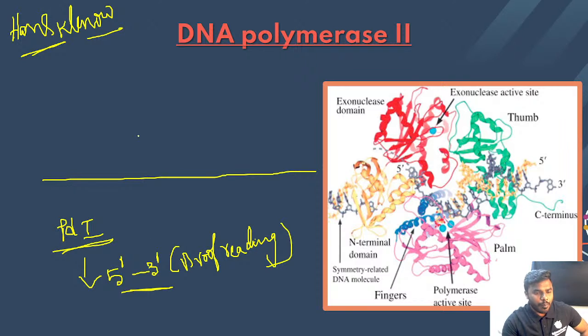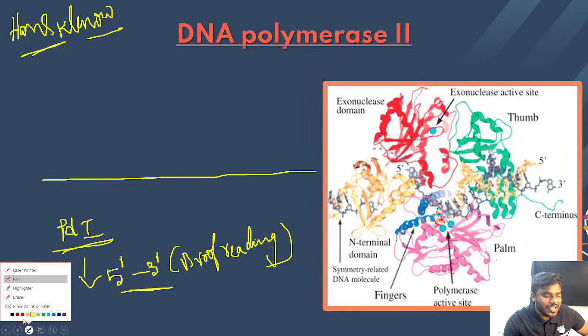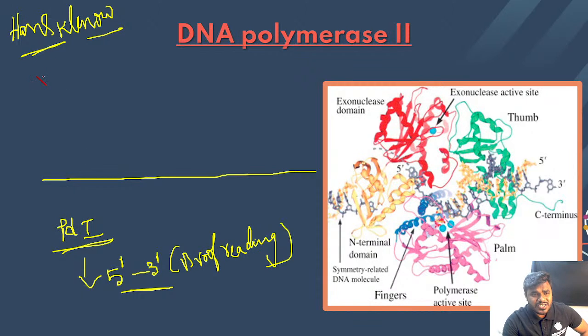So in order to prove it, he first took two chemicals. He took trypsin, and sometimes instead of trypsin he used another chemical called subtilisin.